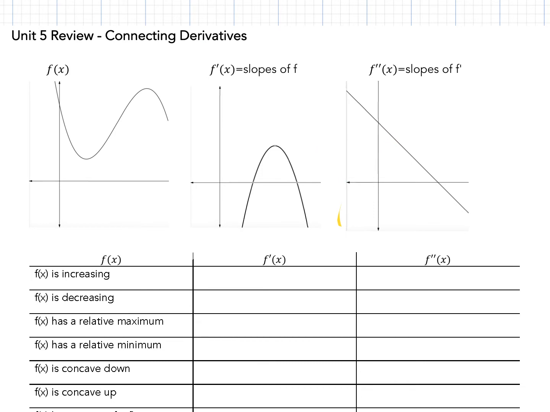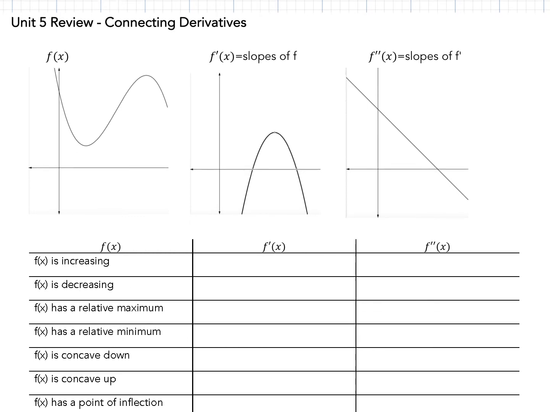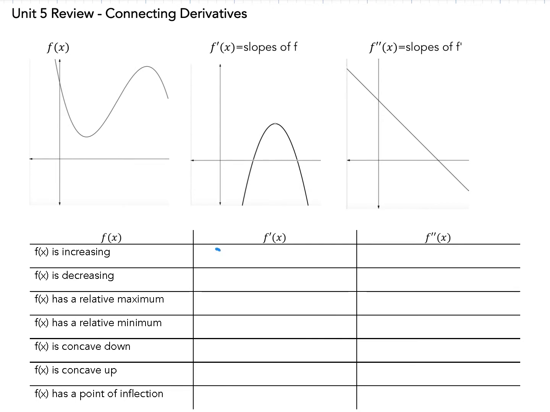So let's start with the statement that F is increasing, which you would base on that F prime graph. When F prime values are greater than 0, so that's when we've got all of these positive values here for F prime, that's how we're going to justify that F of x is increasing.